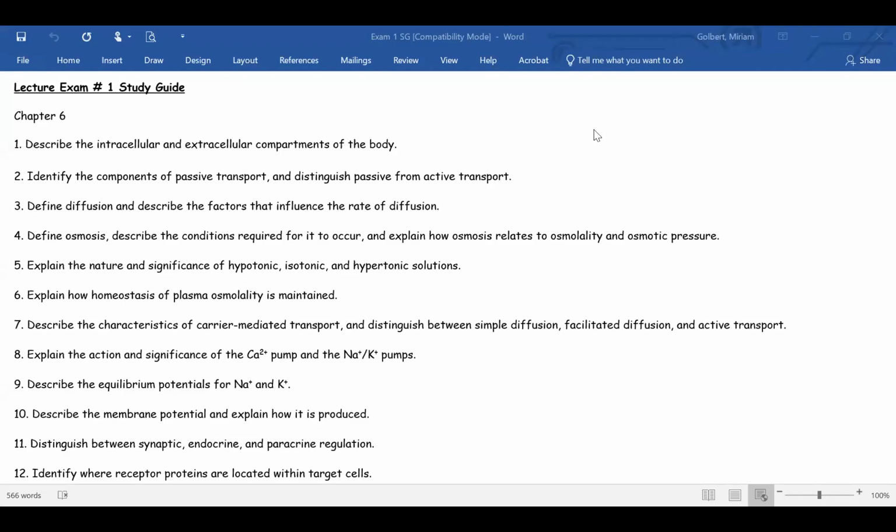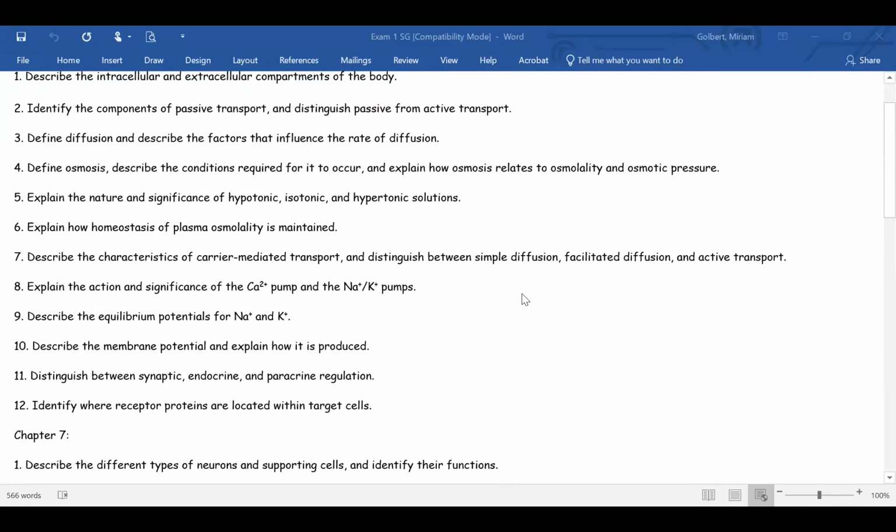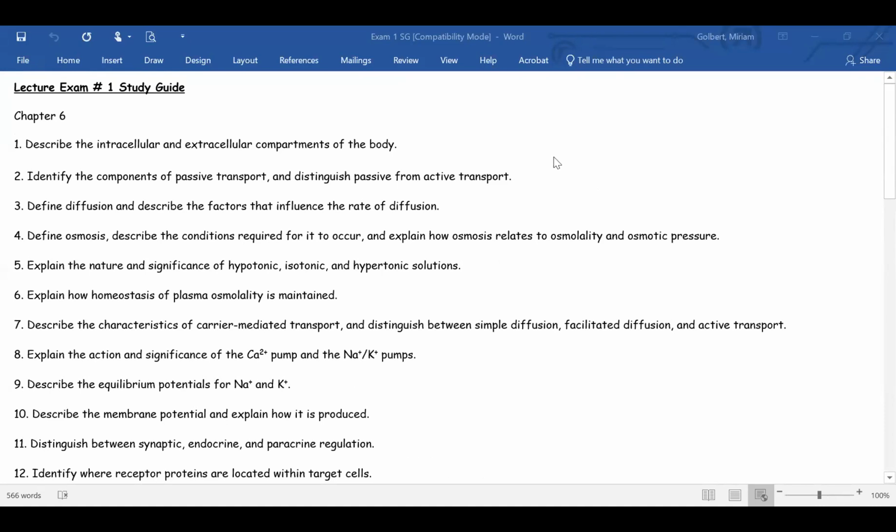All right. So let's go over this and see what you have to pay attention to. I think that from chapter 6 is pretty much everything. So intracellular, extracellular, what is considered intra, what is considered extracellular, the different types of transport, the factors that influence the rate of diffusion, what is osmosis, and of course you have to know hypo, iso, and hypertonic, how homeostasis is maintained.